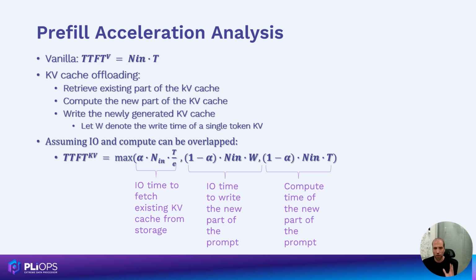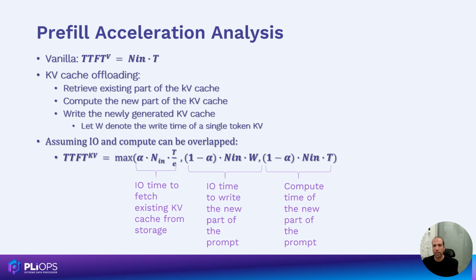And we're going to focus on this case here in this analysis. And I'll show later justification for that. So in that case, the time to first token of the KV offloaded system is just the maximum between the three components. The first one is the retrieving time, which happens to a fraction alpha of the tokens, and it is done at a speed of t over e.